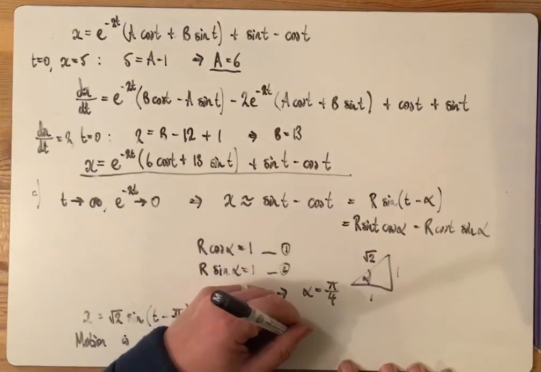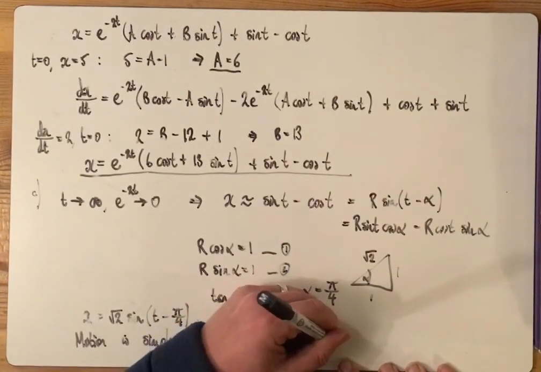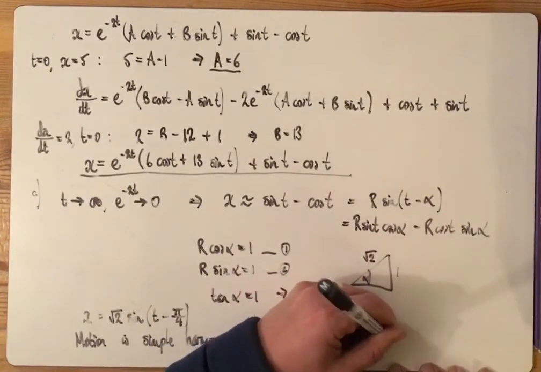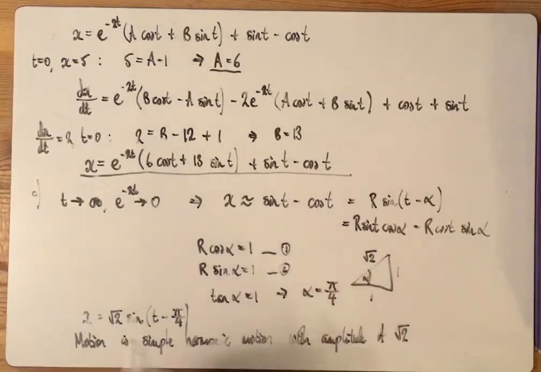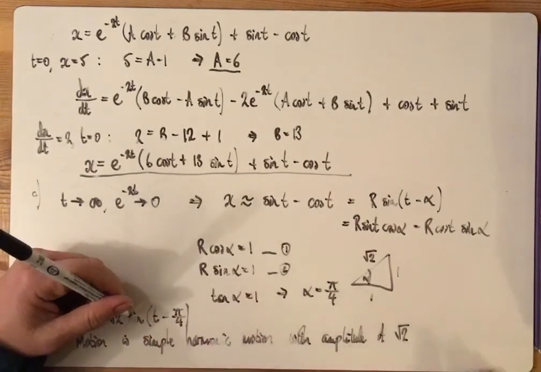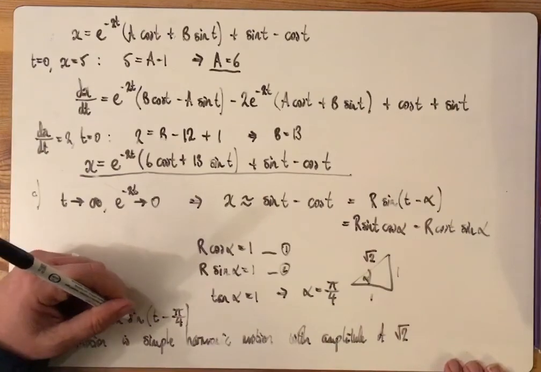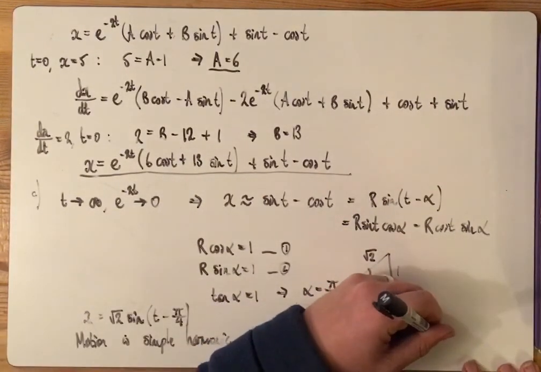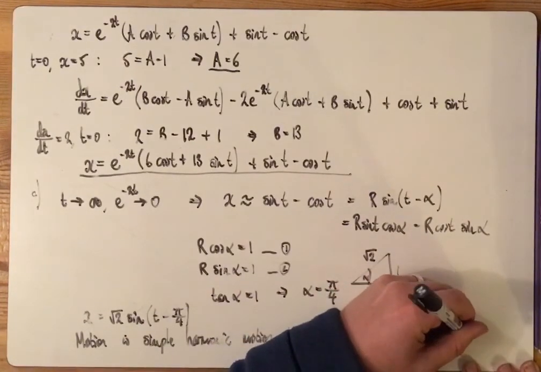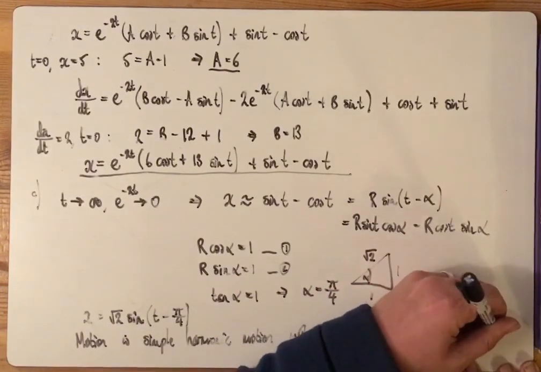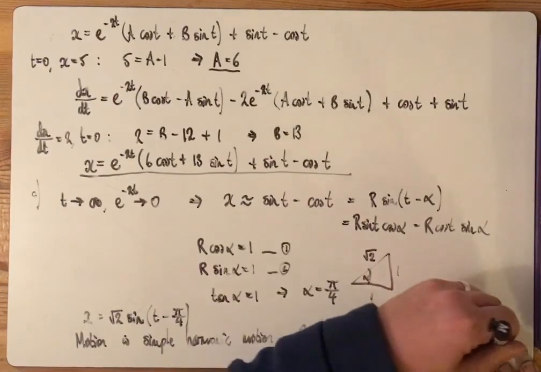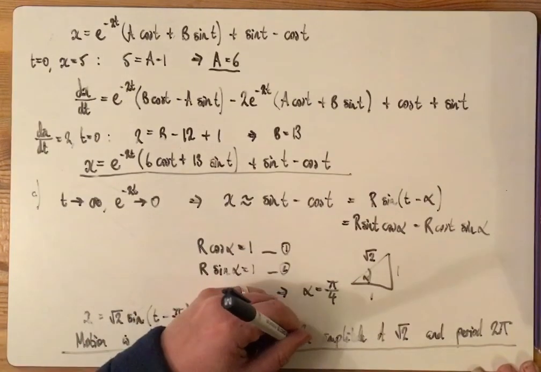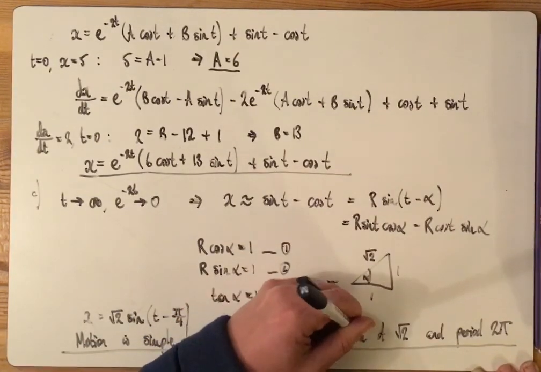With amplitude of root 2, and there's been no stretch on the x-axis for this one because we've got this t here, it's just been moved right pi by 4. So amplitude of root 2 and period 2 pi. So that's kind of going to town on describing that simple harmonic motion.